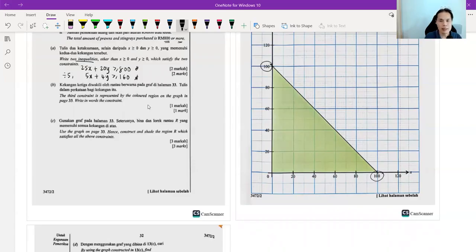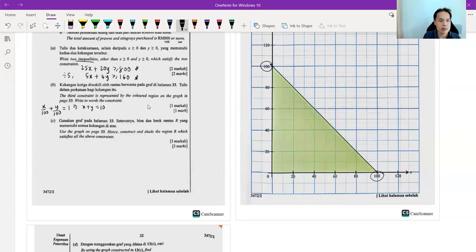So we can say that this equation is x over 100 plus y over 100 equals 1. Do you know what this is? This is the equation in intercept form. Now you can go and find the gradient and y-intercept, because your gradient is -1, y-intercept is 100. You can do that as well. So when you multiply by 100, your x plus y is just 100.